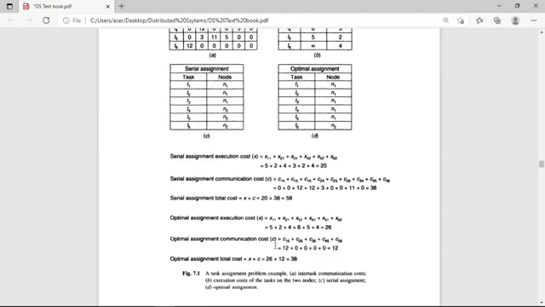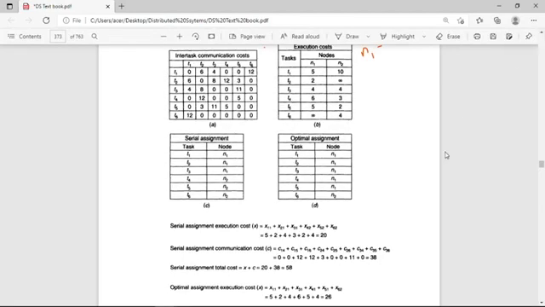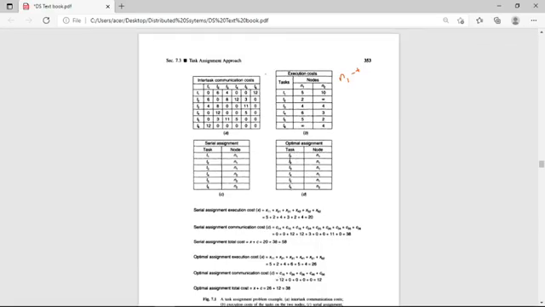But if you observe the communication cost, it is minimized here. You see here, C16 means T1 to T6, so only T1, T2, T3, T4, T5 will communicate with just T6. Like that, for T1 to T6, the communication cost is 12. So 12 is added.